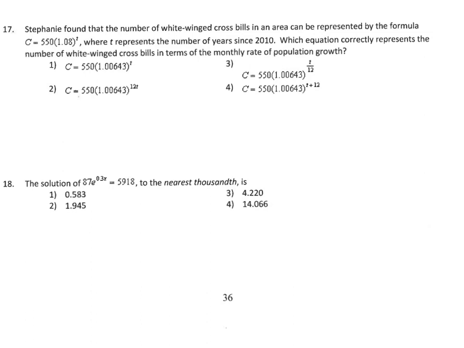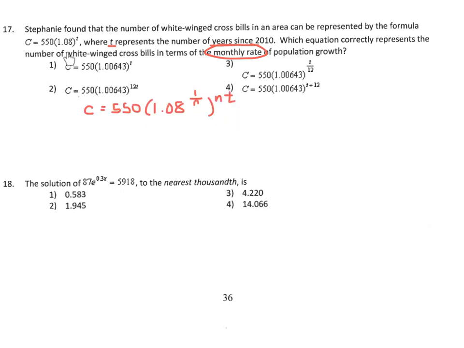Okay, so in number 17, they tell us that the number of white-winged crossbills can be represented by this formula, and it says that T is the number of years since 2010. Now, what they want us to do is take this and convert it to monthly growth rate. All right, so this is the formula we're going to use.